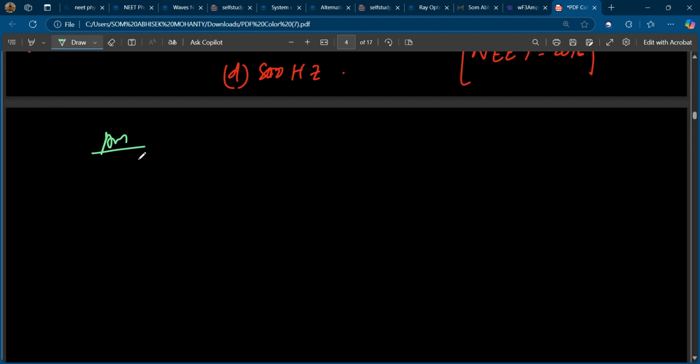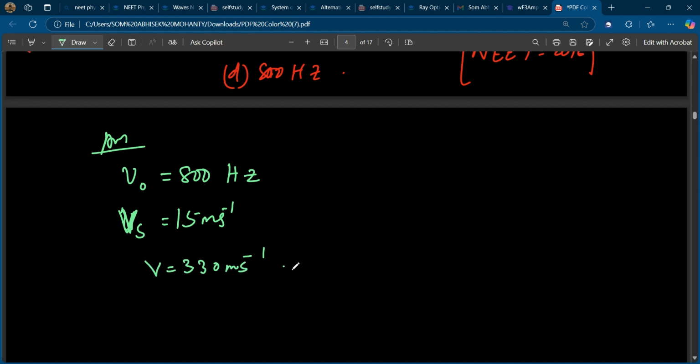The frequency of the sound emitted by the siren is 800 hertz, right? So this is the original frequency, nu naught, 800 hertz. The siren is moving at a speed of 15 meter per second, so this is Vs. The speed of sound in air V is 330 meter per second.